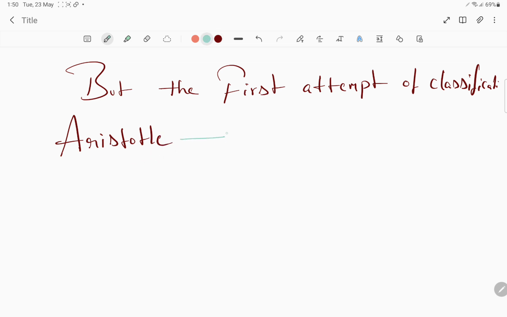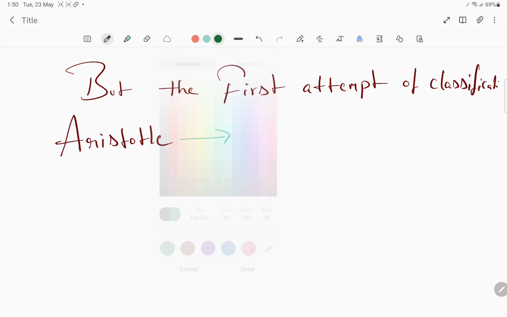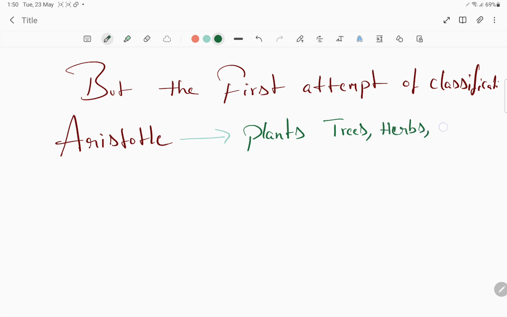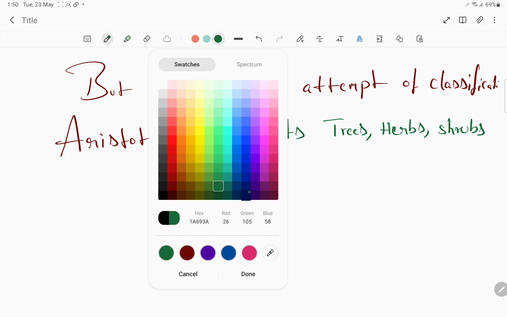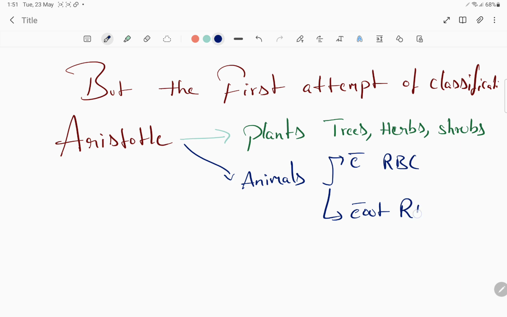One is plants, into trees, herbs and shrubs. And again animals, in two categories: with RBC, with red blood, and without red blood.